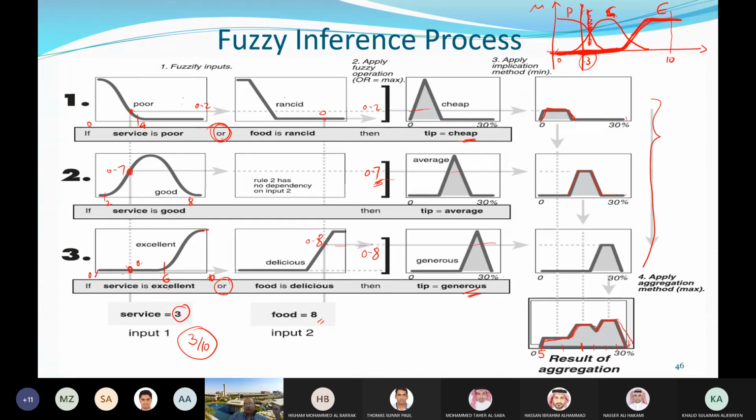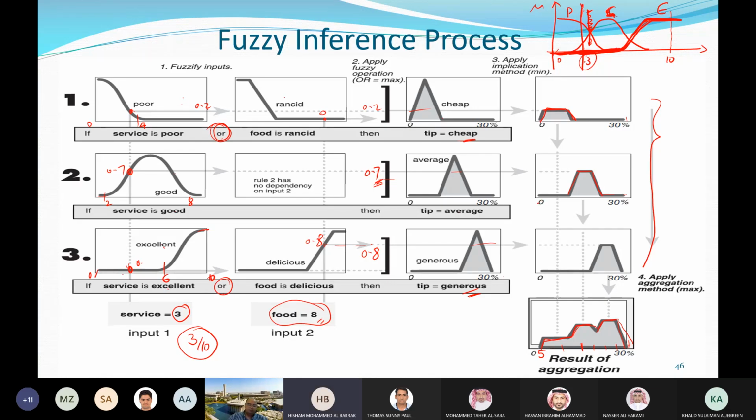You give the surface 3 out of 10, and you give your evaluation to the food 8 out of 10. So 3 out of 10 belongs to poor with 0.2 membership, 0.7 with good, and 0 with excellent membership value. Did you get the point, Hisham?